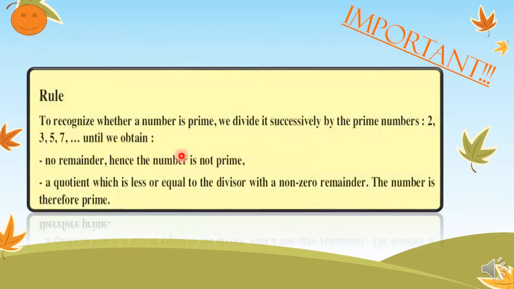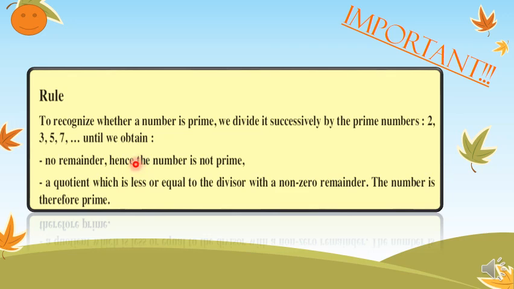Okay? So the rule says how to recognize if a number is prime or not. First, we divide it successively by 2, 3, 5. I know the divisibility rules. And continue by 7, 11, 13, only prime numbers. If there are no remainders, I stop.